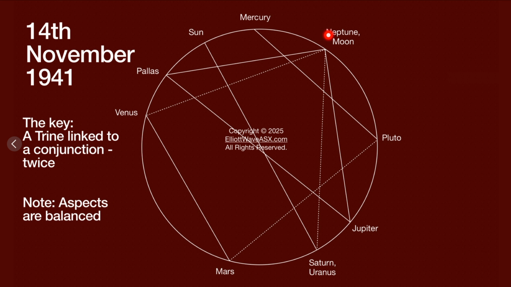And the Moon has done a complete 360-degree movement and is once again conjunct with Neptune. Also, there's a T-square involving Jupiter Pallas and the Neptune-Moon conjunction, and that ended the pattern.